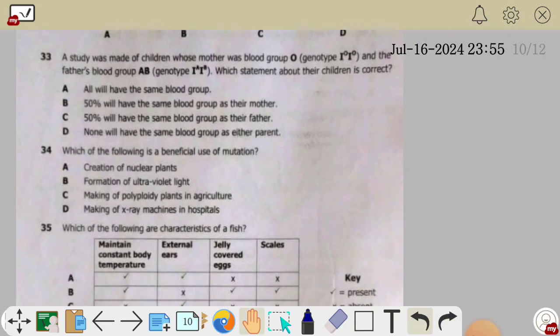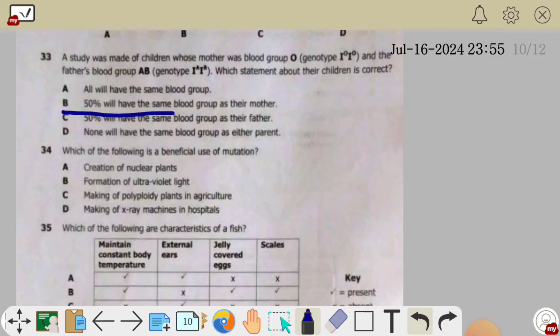Question 33. A study was made of children whose mother was blood group O, with the genotype there, and the father blood group AB, the genotype AB. Which statement about their children is correct? A, all will have the same blood group.